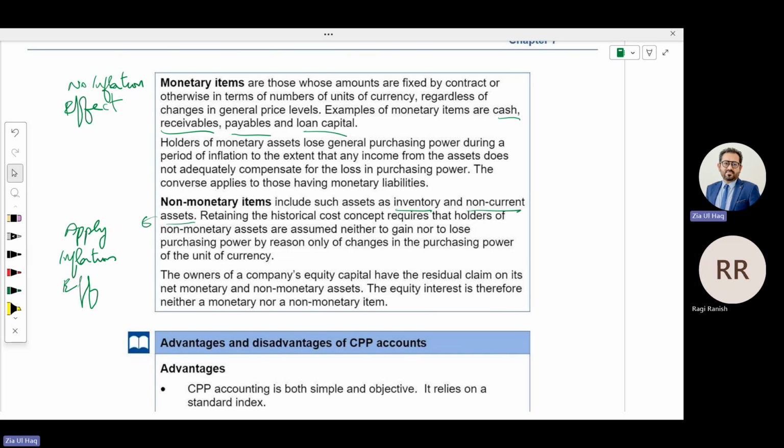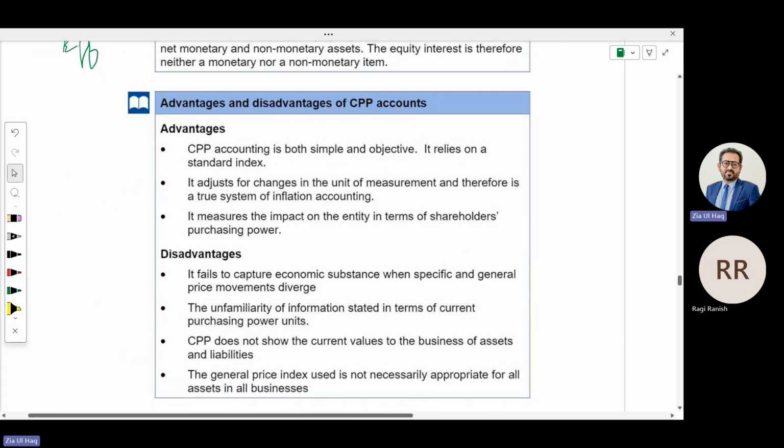Just this point we need to remember. What is CPP? Preparing financial statements based on the inflation effect, the current price index effect. Can you understand this?